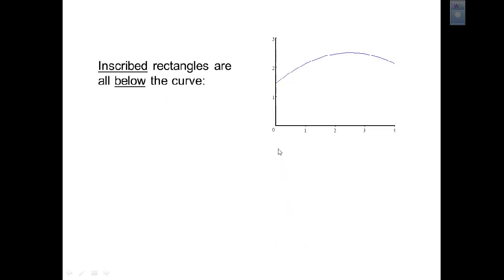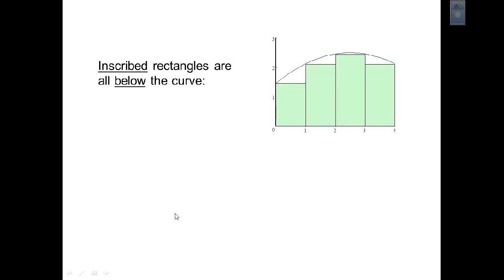Now, there are those 3 methods we just talked about, LRAM, RRAM, and MRAM. But also there are other ways you can do this. You can set your rectangles up any way you want to. There are instances where you can use only inscribed rectangles, and those are all below the curve, like this.